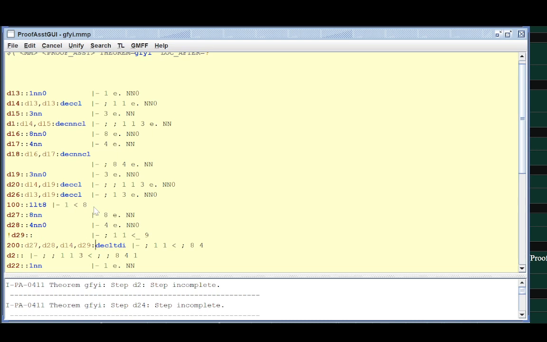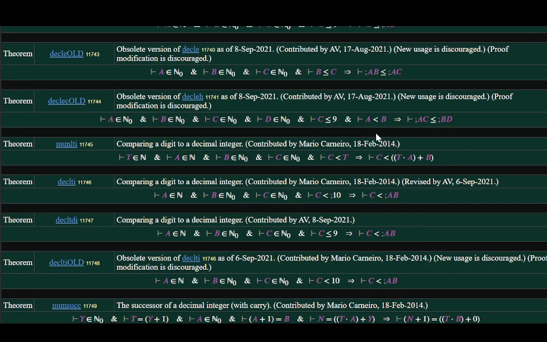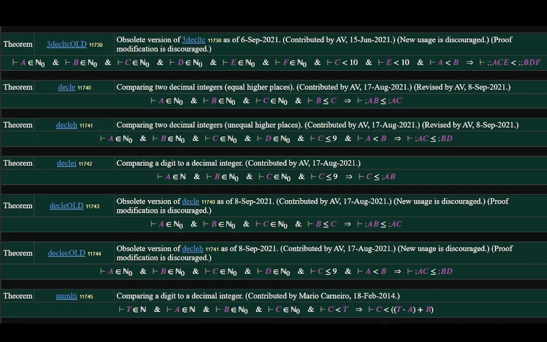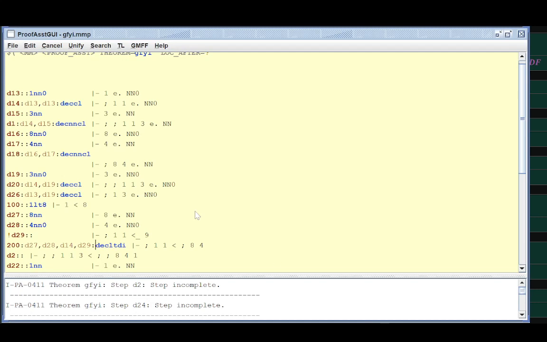It's keen to use this theorem, which is not the right one. Yeah. If B is less than C, AB is less than AC. Okay, I think this will work. Let's try that. Okay, so we don't want this.